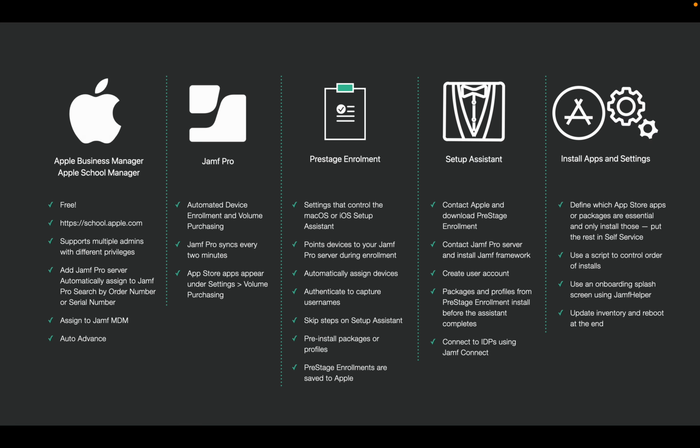So that is zero touch from end to end, from Apple to Jamf to a pre-stage to a Setup Assistant and then final provisioning. Unfortunately, there are so many permutations and variations to this workflow that covering all of them would be impossible. But if you start at the beginning and follow each step outlined here, testing your workflow as you go and polishing it before you continue with the next step, you'll find it come together at the end.